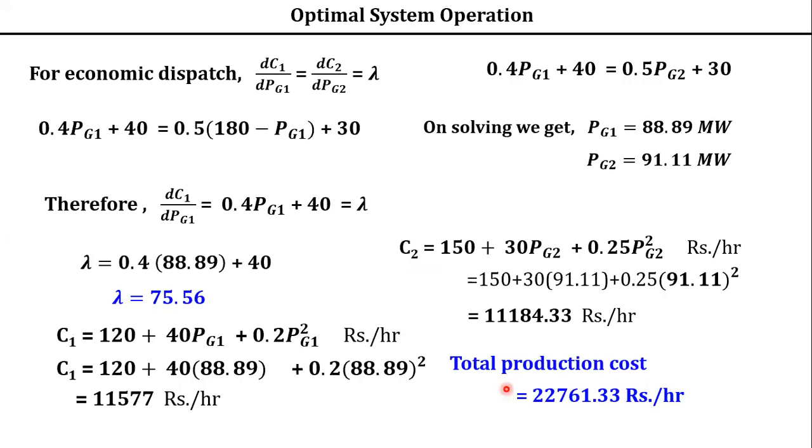That is 5255.88 plus 4958.56, that you add up and put that one. Please correct these values here. So you are getting 10,214.44 as the total production cost.